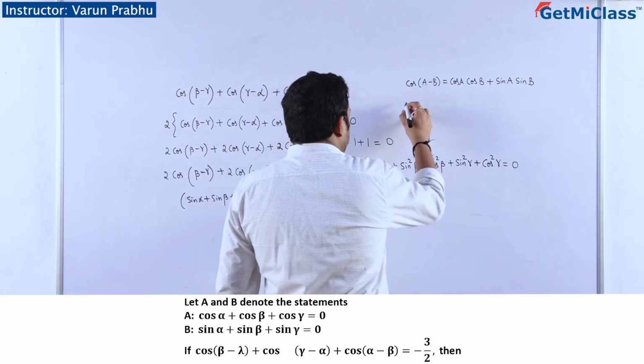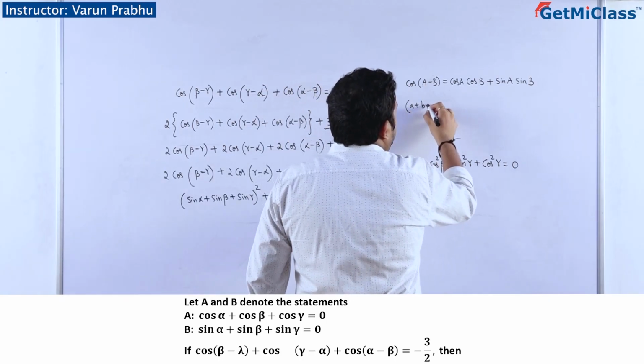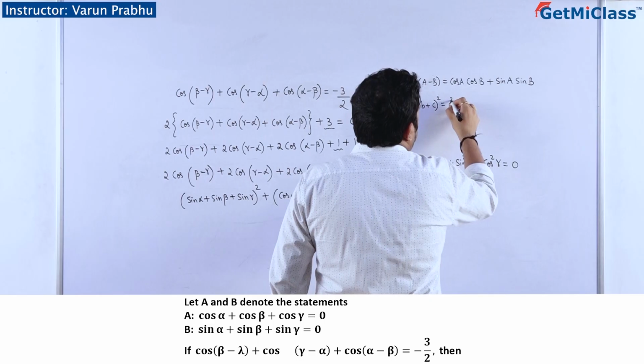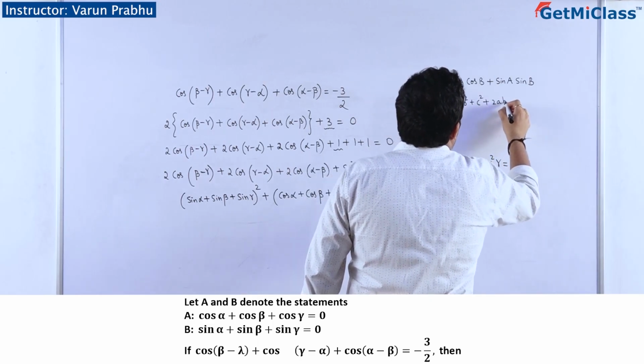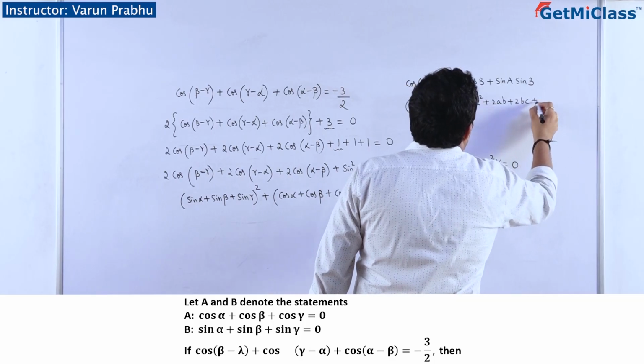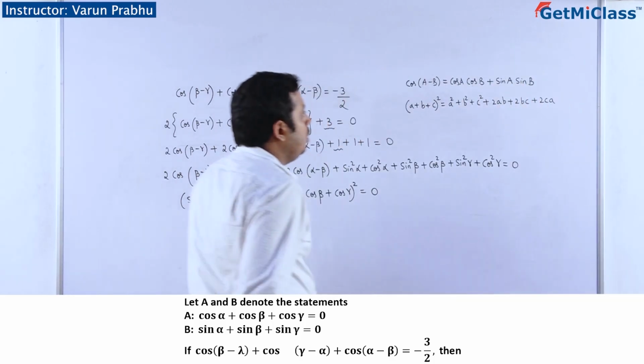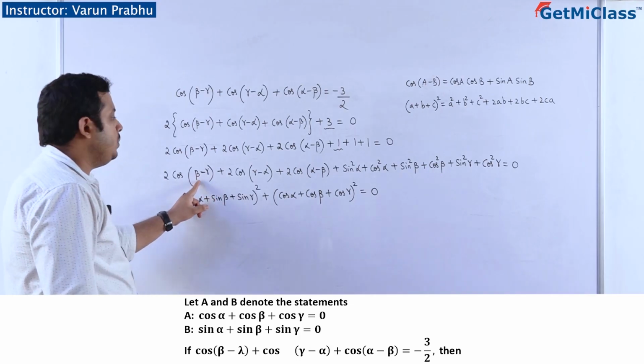What is the formula for a plus b plus c the whole square? It is a square plus b square plus c square plus 2ab plus 2bc plus 2ca.